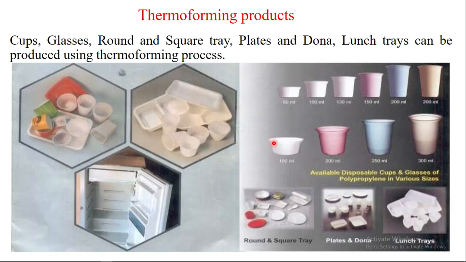Thermoforming products, whether by pressure, blow forming or mechanical forming, can produce plastic items such as cups, glasses, round and square trays, plates, and lounge trays.